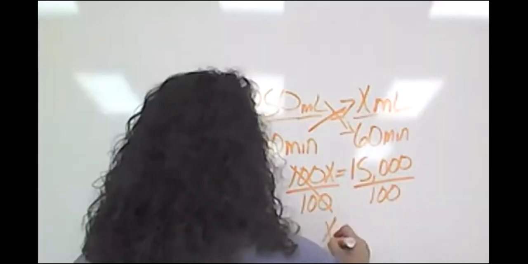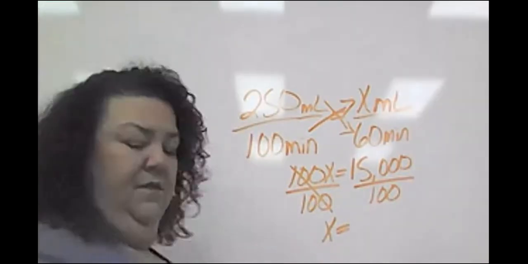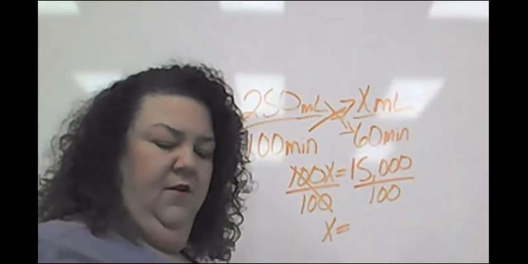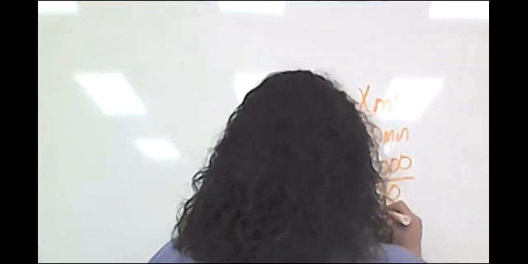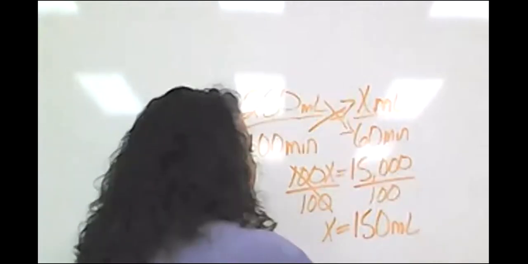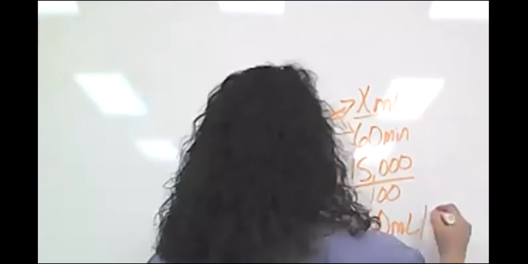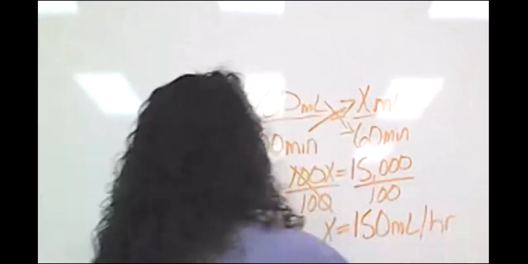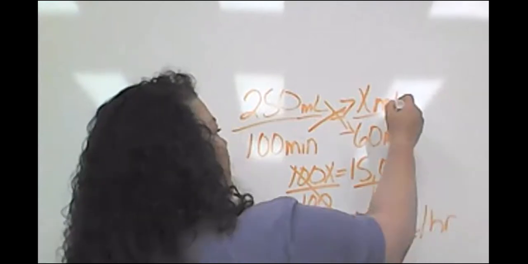So on the left of the equal, it leaves me with just X. And 15,000 divided by 100 equals 150. And remember, that was milliliters per hour. And I remember that this should be milliliters because that's what I was looking for, right?